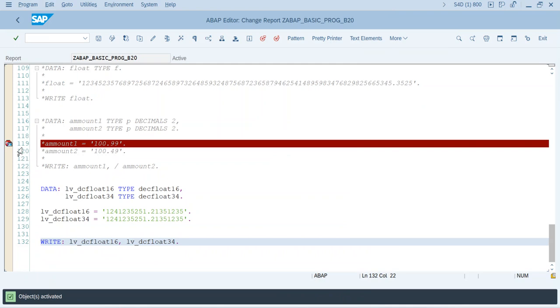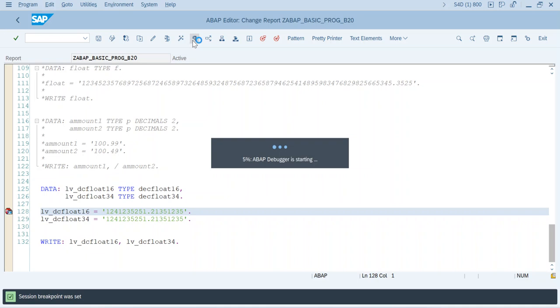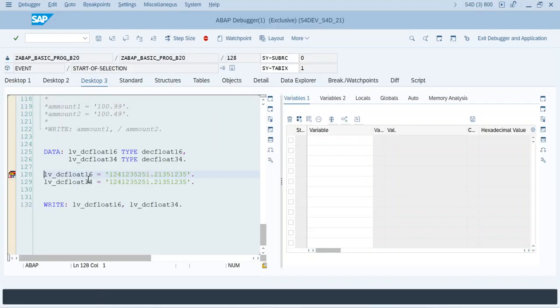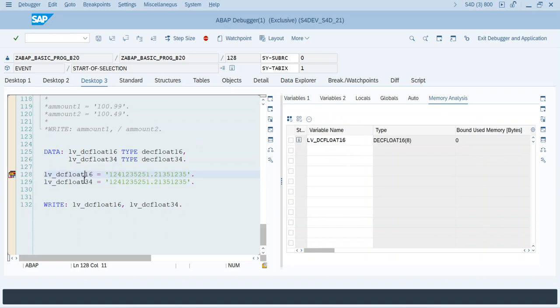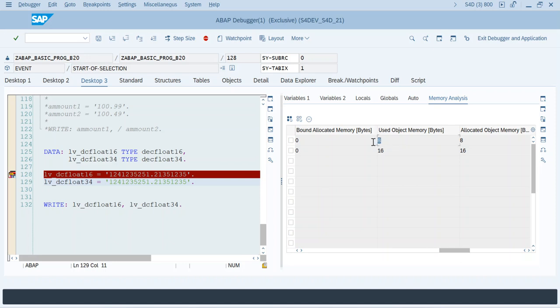Let's activate and keep a breakpoint here. Now you see 16 and 34. Memory is 8 bytes, and the second one is 16 bytes.